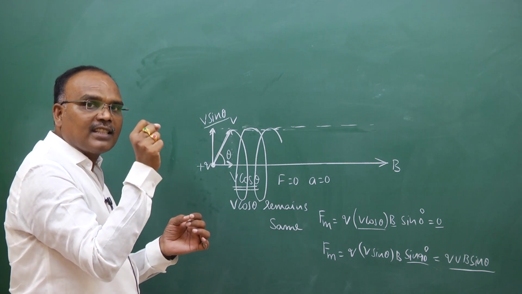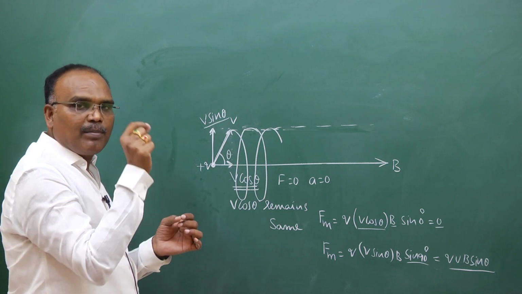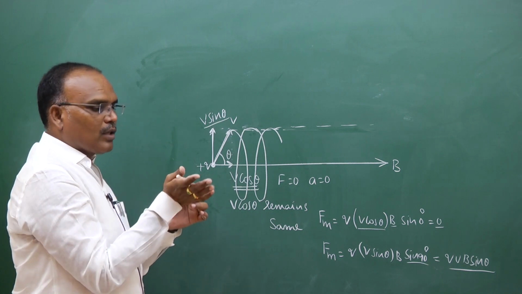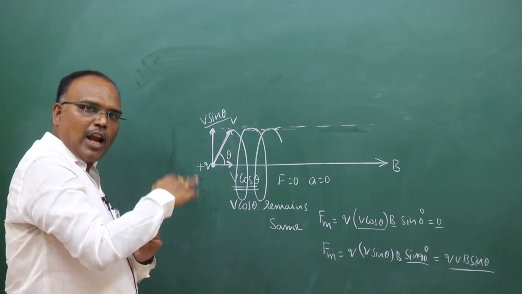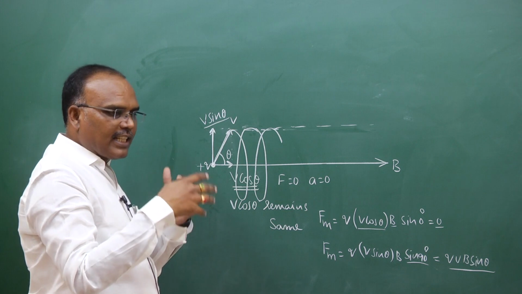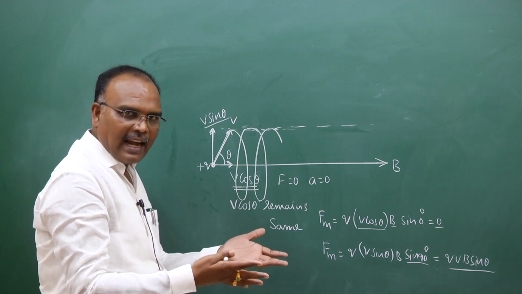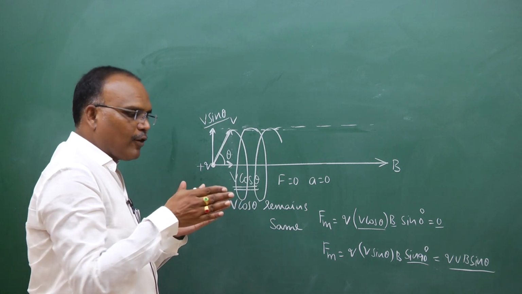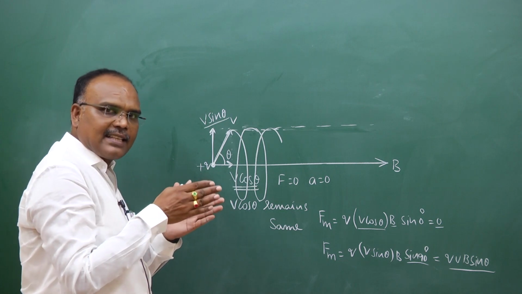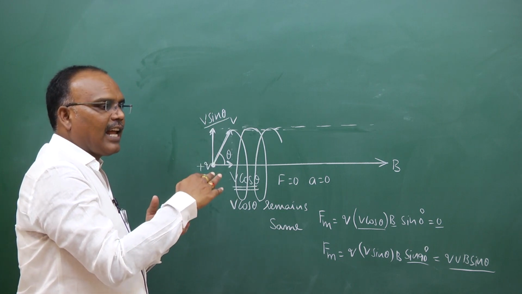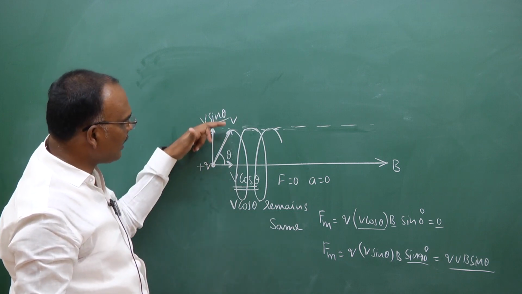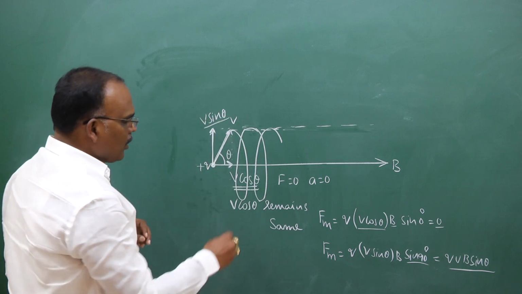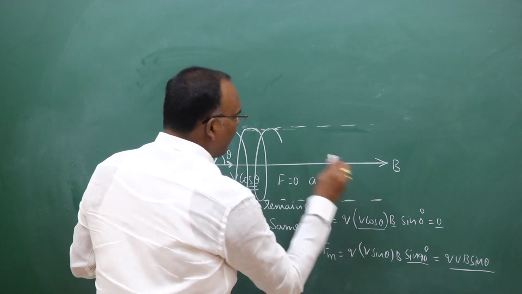The magnitude of velocity remains the same, that means speed remains the same, but direction is changing. So velocity changes, and velocity changing means acceleration is there. But this centripetal force, magnetic force and magnetic acceleration only change the direction of the charged particle. So the radius of the circular path remains the same.